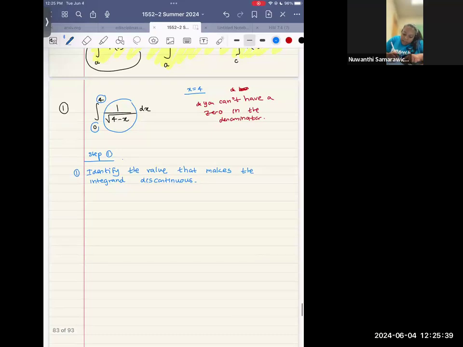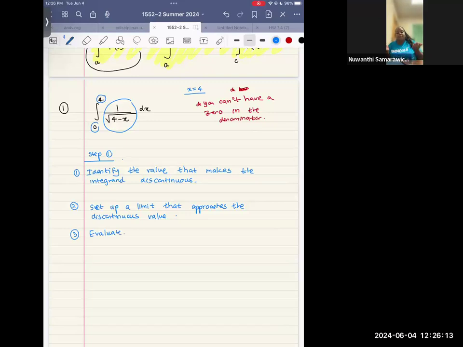Second is set up a limit that approaches the discontinuity value. And then third is evaluate according to that.